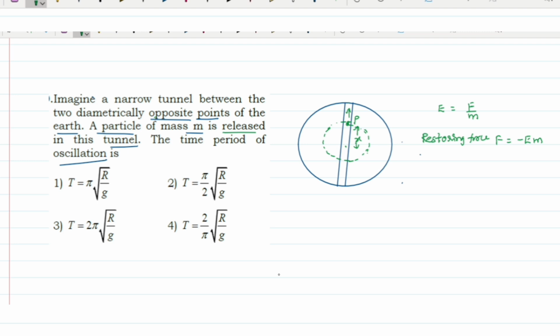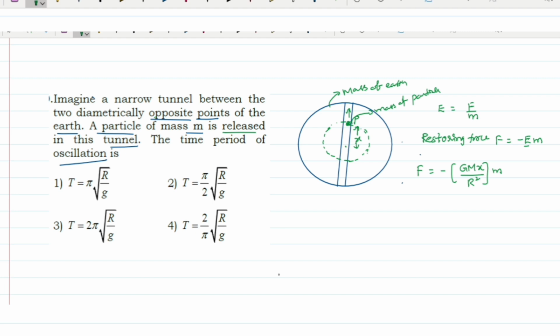The intensity of the gravitational field in a solid sphere for a given distance is GM x by R cubed. So F equals minus GM x by R cubed into m, where capital M is the mass of the Earth and small m is the mass of the particle.